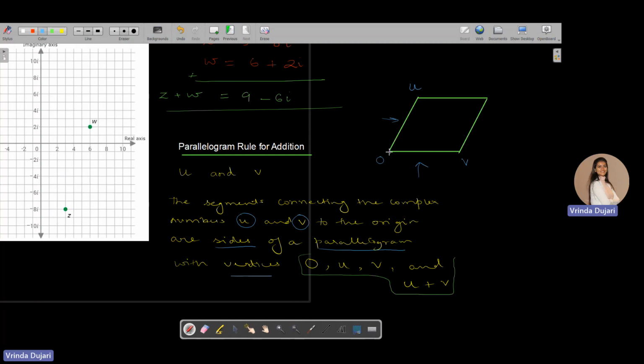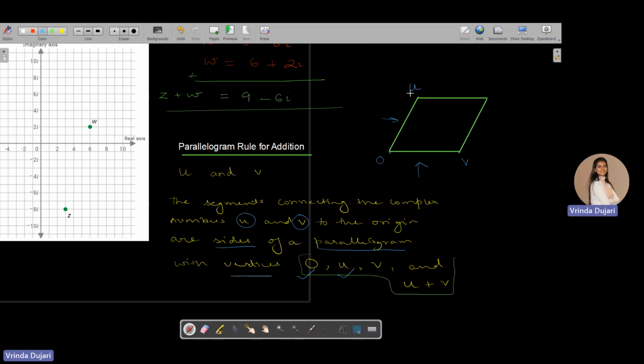See, one vertex is 0. A parallelogram has 4 vertices, so you have 1, 2, 3, 4 vertices. So one vertex will always be the origin.